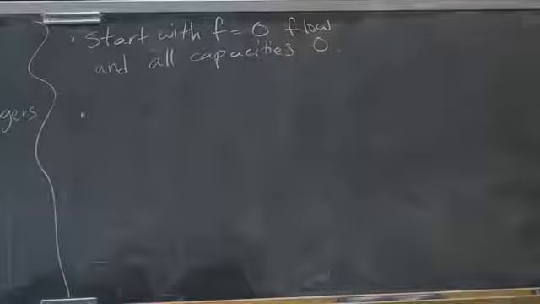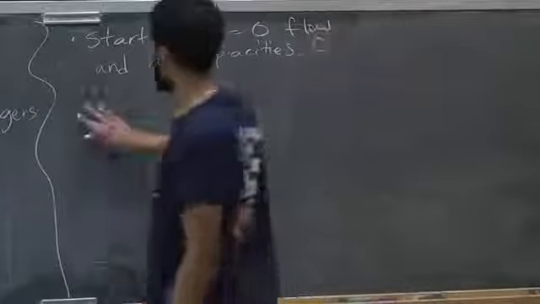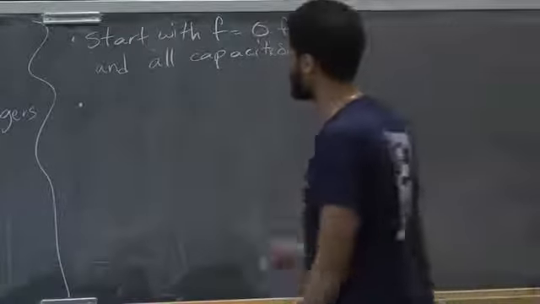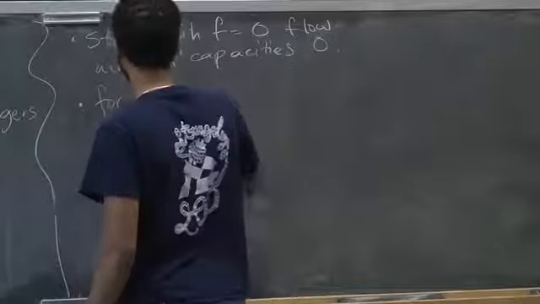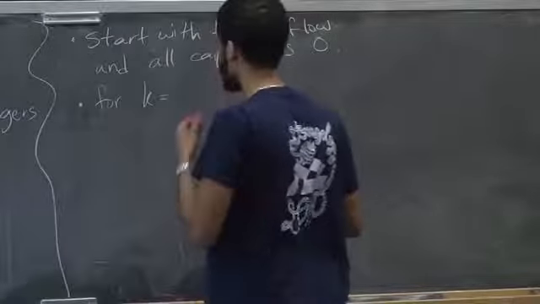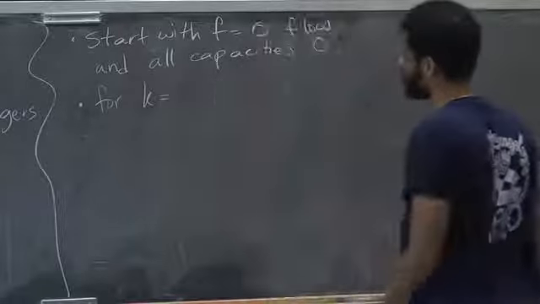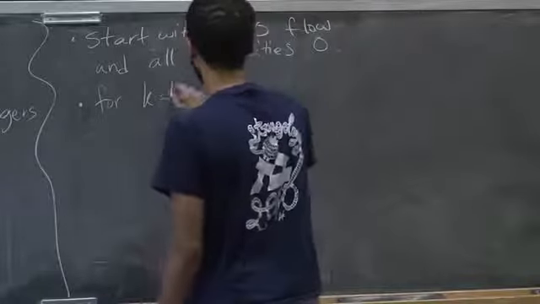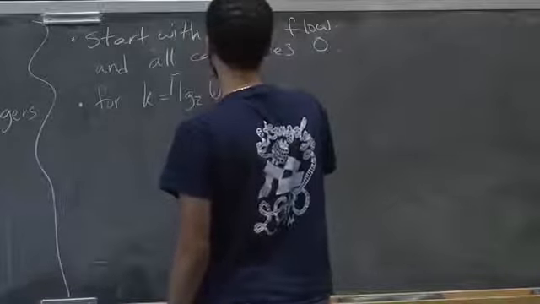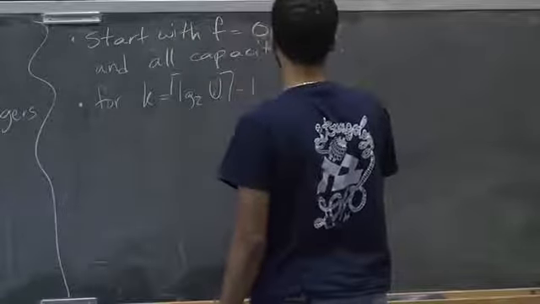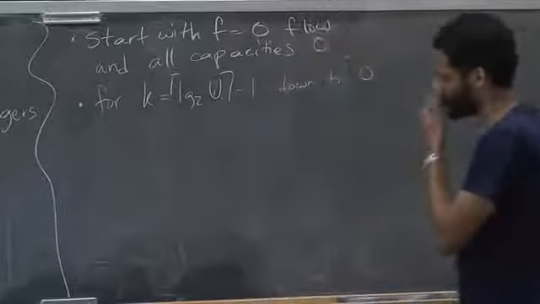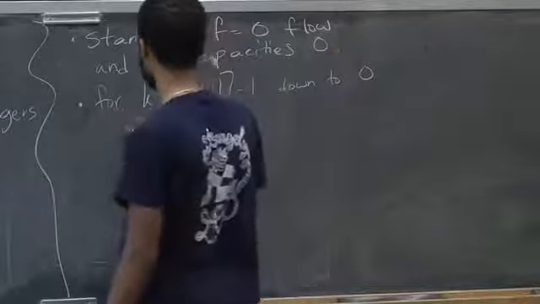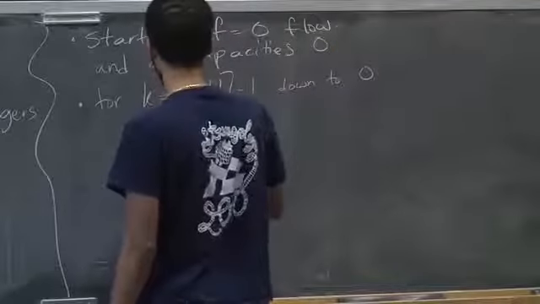Now what do we do? For k equals log base 2 of u minus 1 down to 0. Double each capacity.